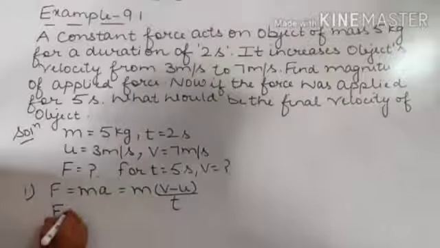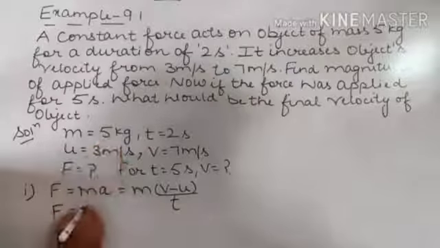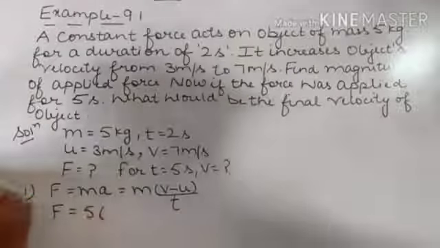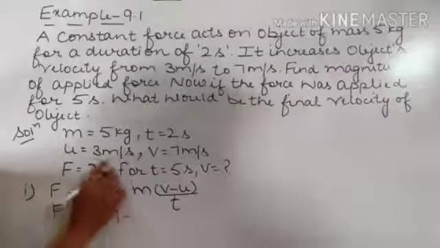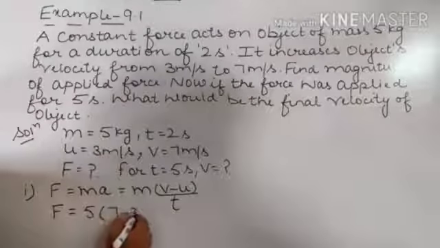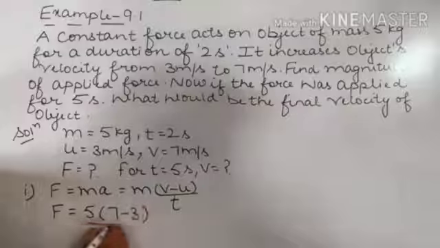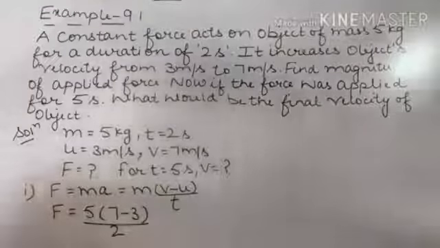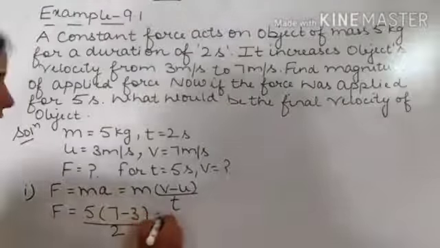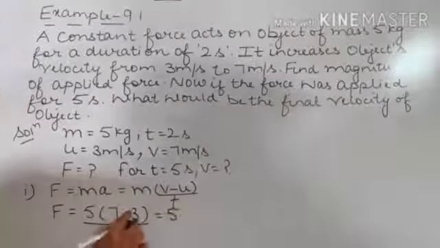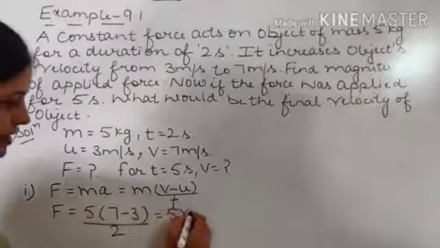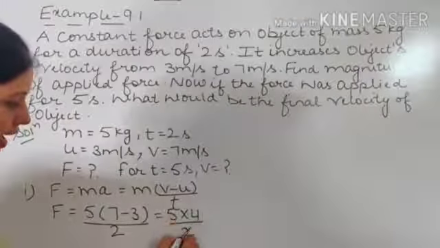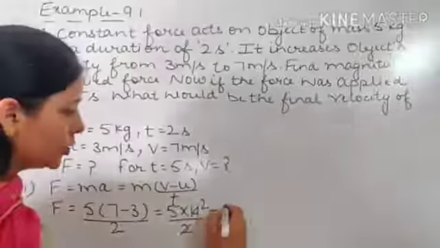Force is, mass is given 5. Final velocity is given 7, initial velocity is 3 and time is 2 seconds. Now you can solve it. 5 times 7 minus 3, that is 4, divided by 2 and we get 10 newtons.